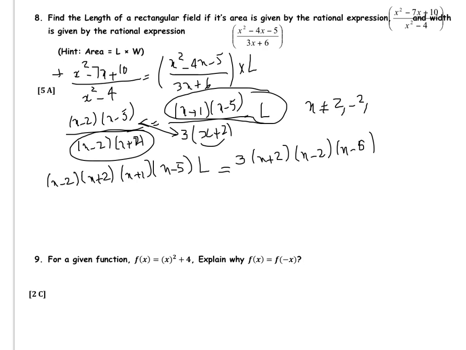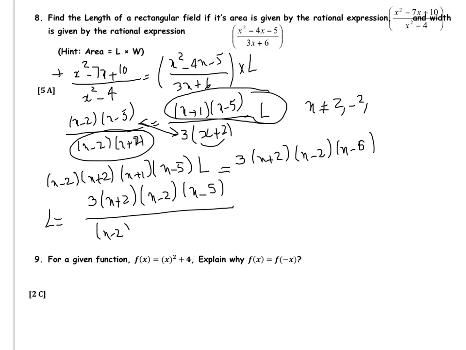Now I can say that L is 3(x plus 2)(x minus 2)(x minus 5) divided by (x minus 2)(x plus 2)(x plus 1)(x minus 5).